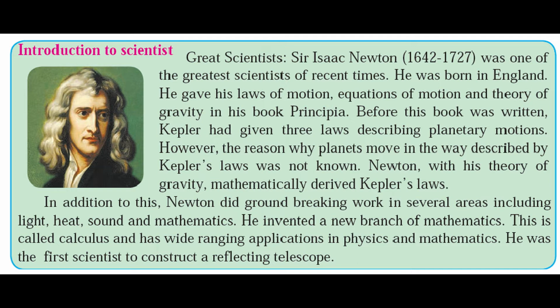However, the reason why planets move in the way described by Kepler's laws was not known. So the exact mechanism was not clear from Kepler's laws, which became clearer after Sir Isaac Newton's description of his laws of motion. Newton, with his theory of gravity, mathematically derived Kepler's laws.